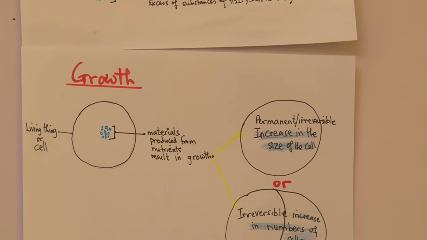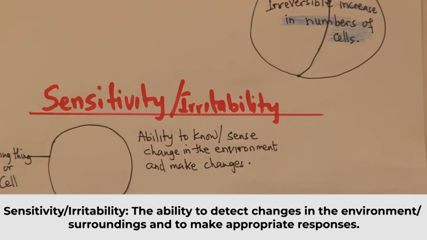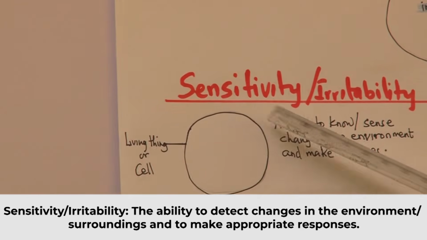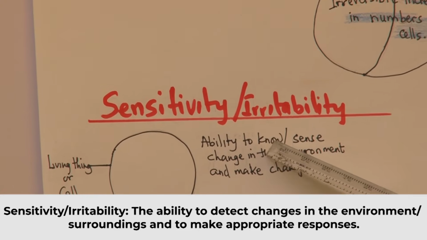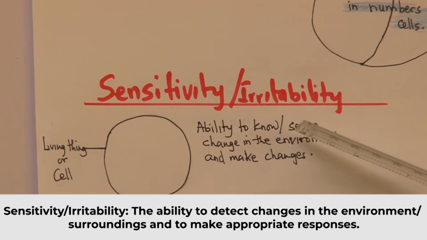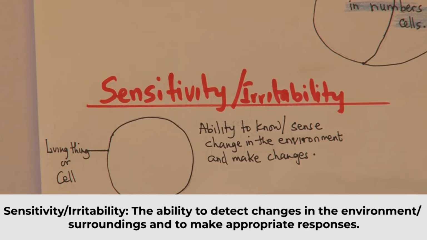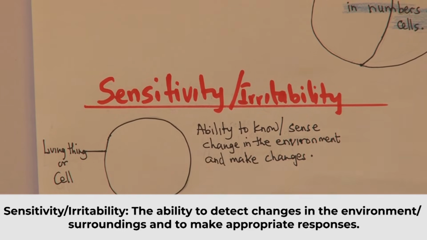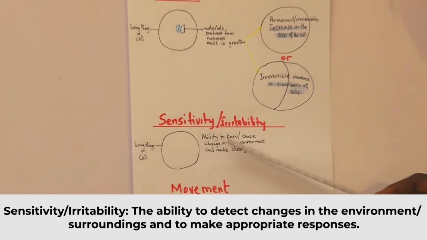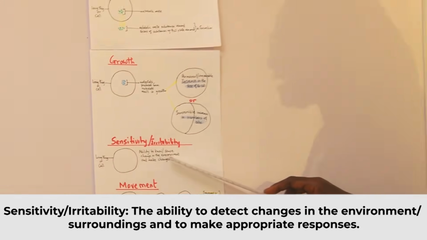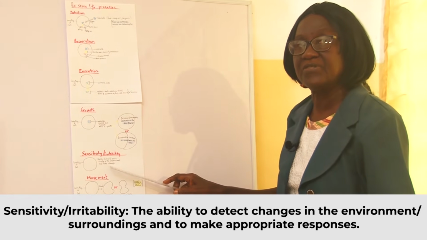Neat. Now let's get to sensitivity or irritability. Now, this is the organism, living thing or cell. Its ability to know any change in the environment is what is called sensitivity. So sensitivity is the ability to know or sense changes in the environment and to make appropriate responses.